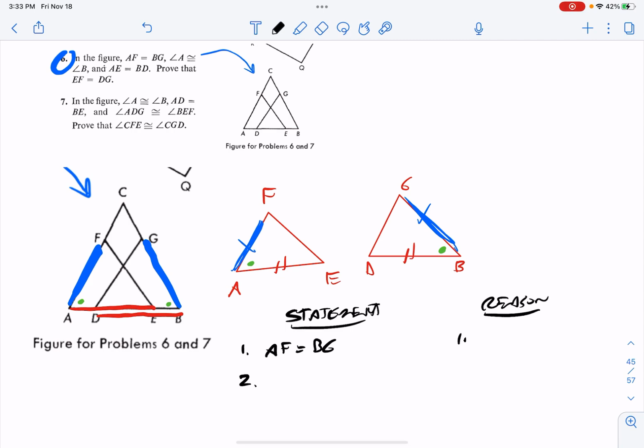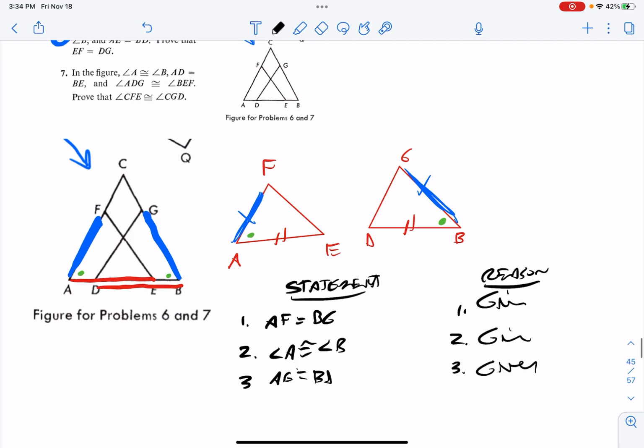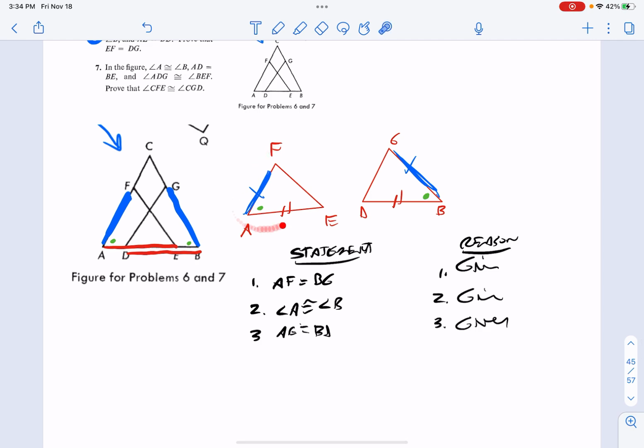AF equals BG, angle A is congruent to angle B, and AE equals BD, given. That is enough for us to do side angle side between these triangles. Triangle FAE is congruent to triangle GBD.